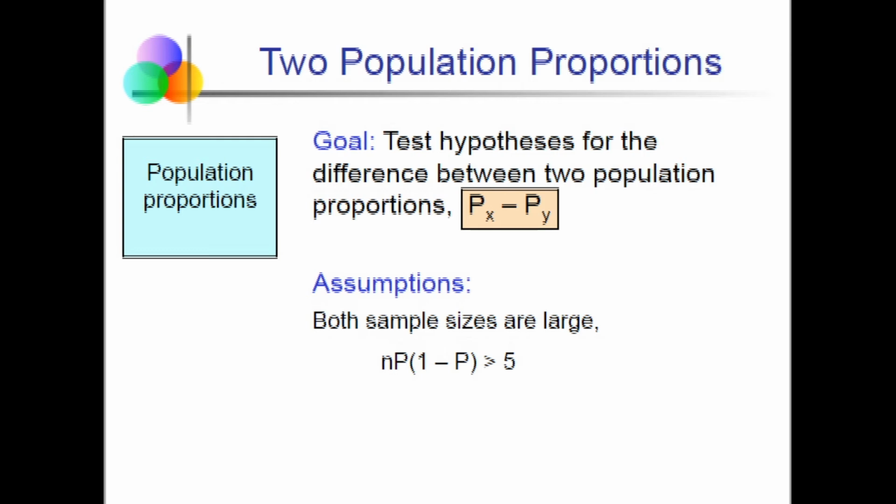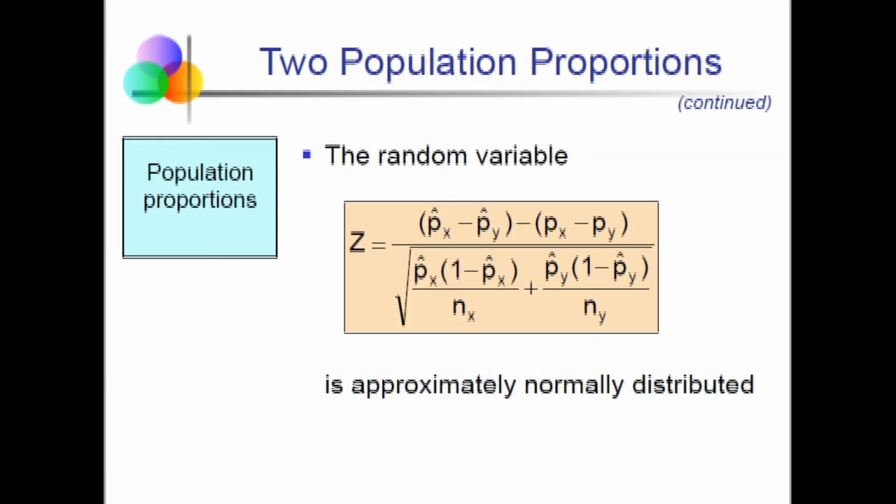We want to know if there is a difference between the two proportions. Again, we assume here that np multiplied by 1 minus p is greater than 5. So we use the z value as our test statistic, and that is the formula for finding the z value.